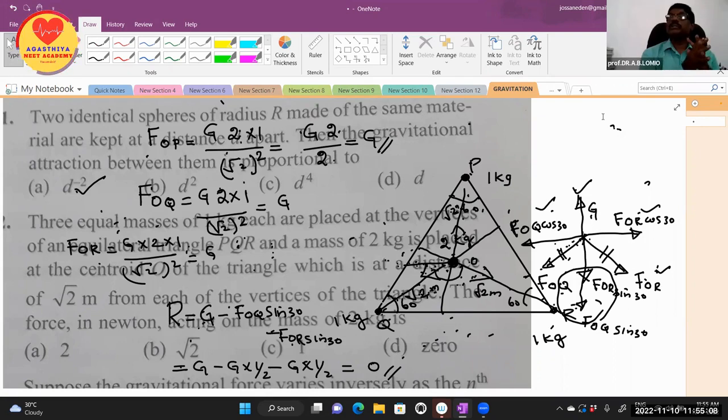After copying, tell me, we'll go to the next problem. Any one of the students, tell me after copying the problem.